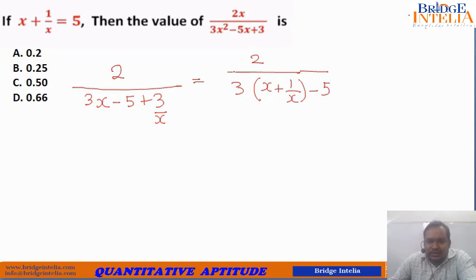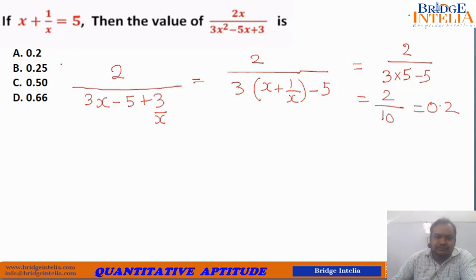Now you can substitute the value of x + 1/x. So this will be actually equal to 2 by 3 into (5 - 5). So this is actually equal to 2 by 10, 0.2. So this is the correct answer.